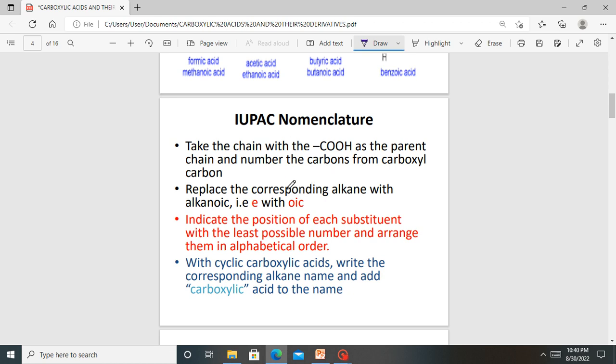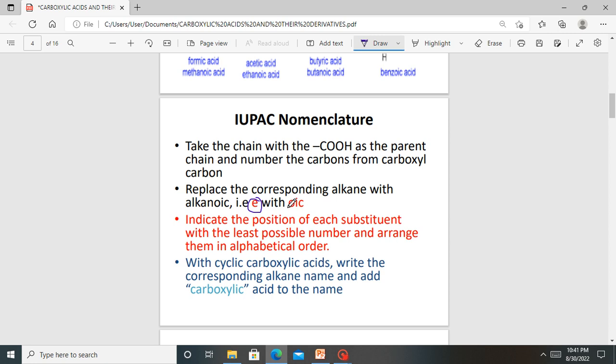Here's the carboxylic acid, so here we replace the corresponding alkane name with alkanoic acid. For example, if it is ethane, it becomes ethanoic acid. If it's propane, it becomes propanoic acid. So the last E of the corresponding alkane name is removed and replaced by OIC. So if it is, let's say, ethane, the last E is removed and replaced with OIC to become ethanoic acid.